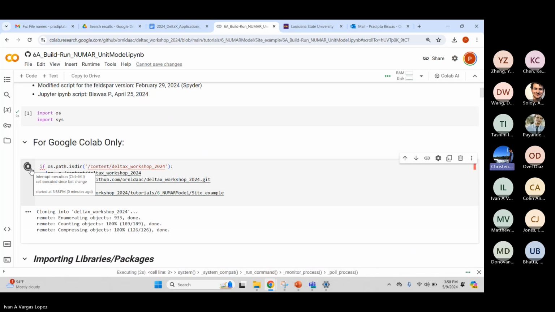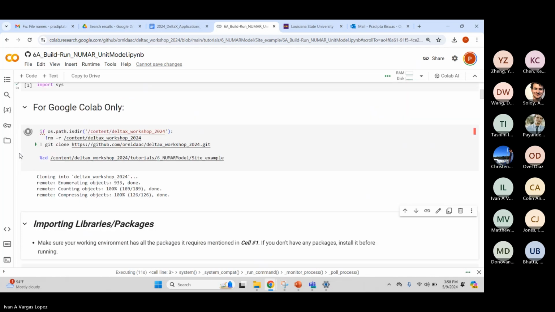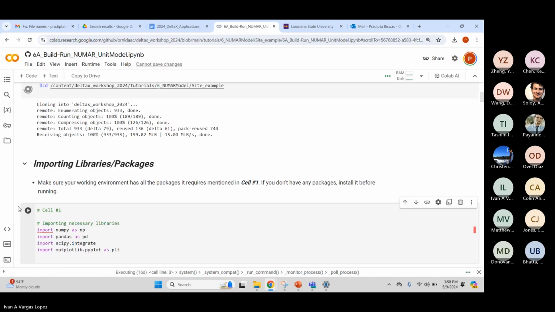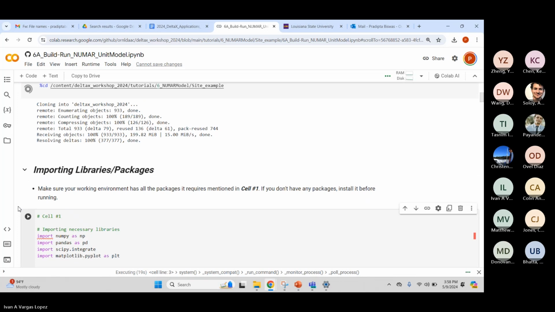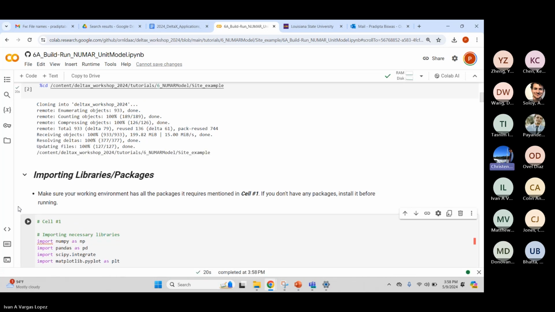It is cloning the DeltaX workshop repository. It will take some time. We're doing the first one, 6A.